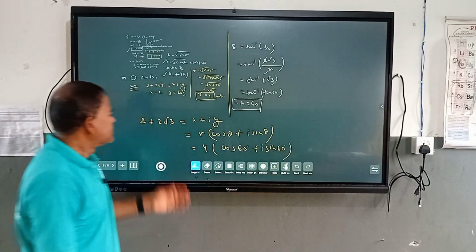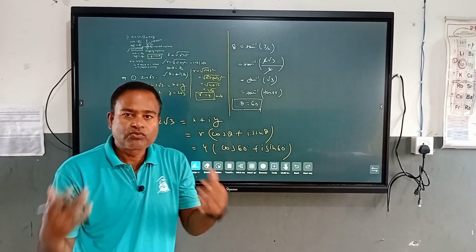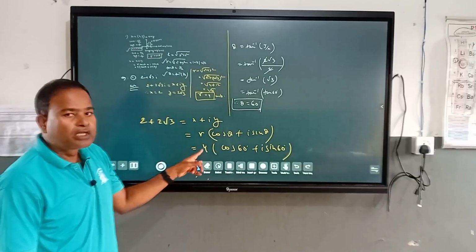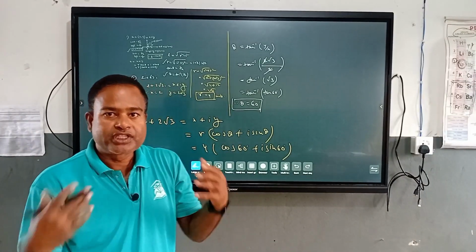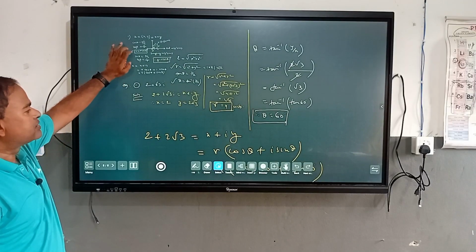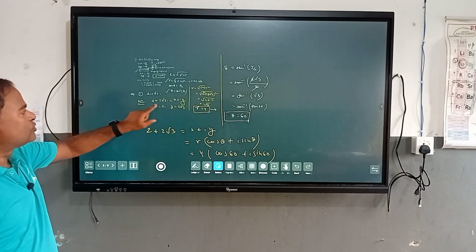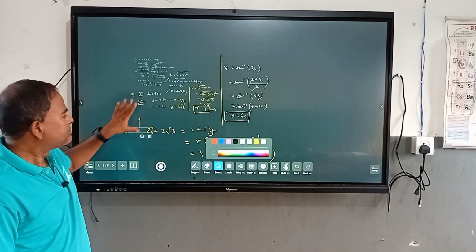So dear students, the complex number 2 plus 2 root 3i is equal to 4 times cos 60 plus i sin 60 degree. So in this way we have changed the given complex number 2 plus 2 root 3i into trigonometric form.